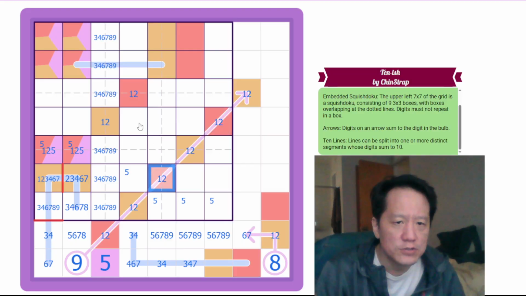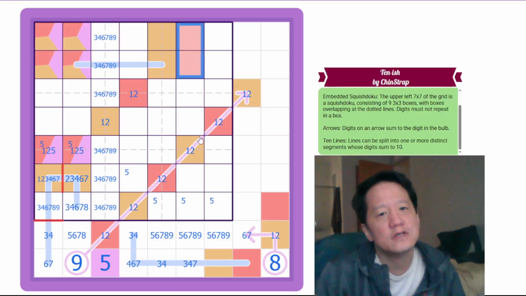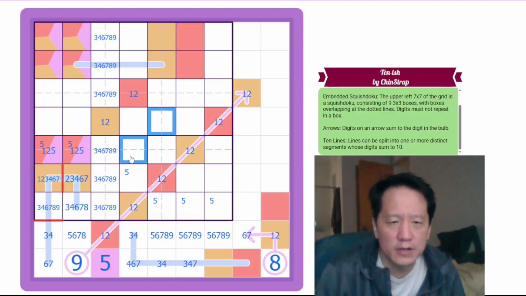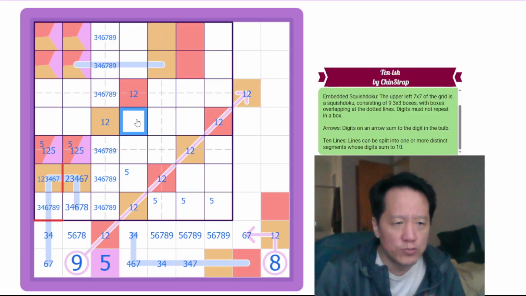So you have 1, 2, 3, 4, 5, 6 8s. So I think it's these cells here, right? Because if you have 1 in the center here, that means you're guaranteed to have 1 in one of these 4 cells and 1 in one of these 4 cells.